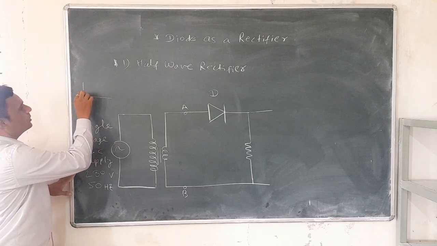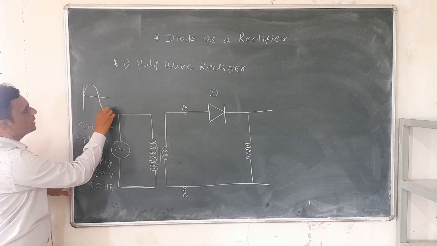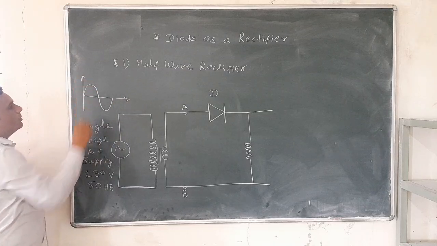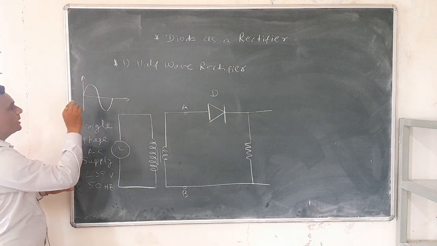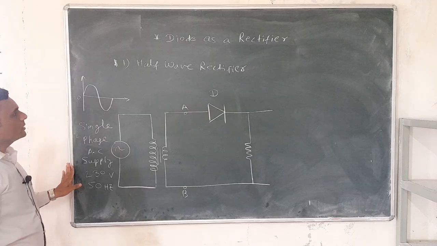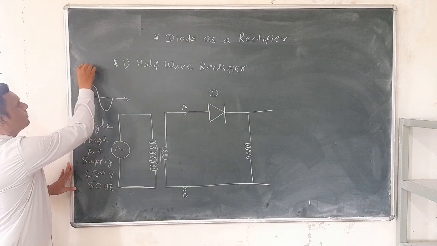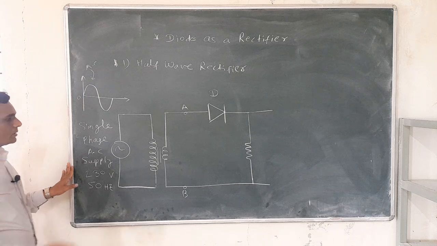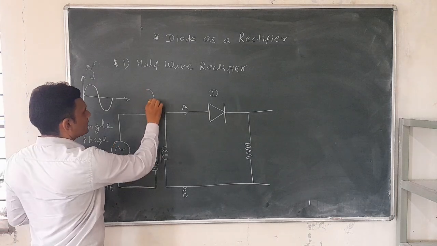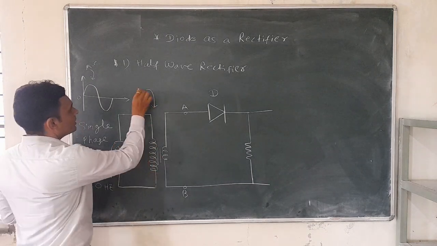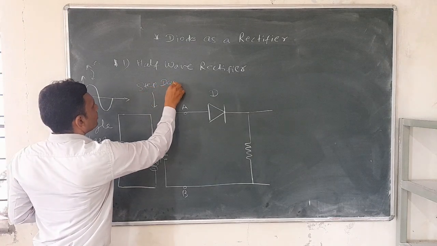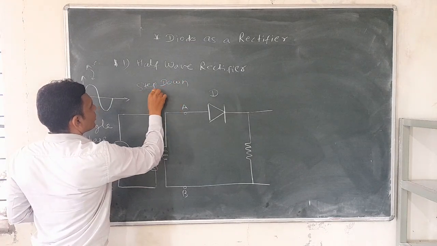and we know AC signal has sinusoidal type of shape, means this type of shape. This one is AC signal. This AC signal is given to the primary of the step down transformer.